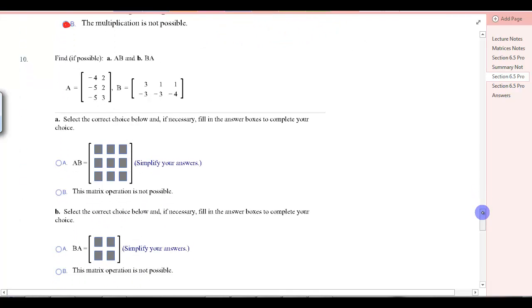All right, in number 10, we have a 3 by 2 and a 2 by 3. So we're good there. We know that that's possible to do that way. All right, and again, I'm going to put the answer for you because we've done several of those.